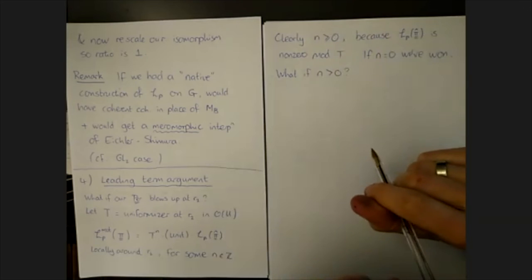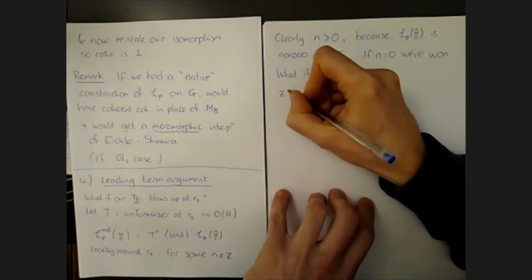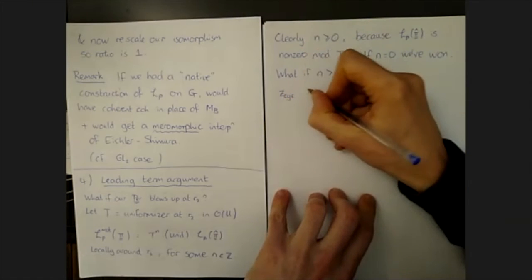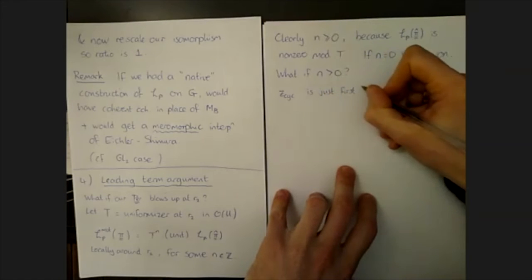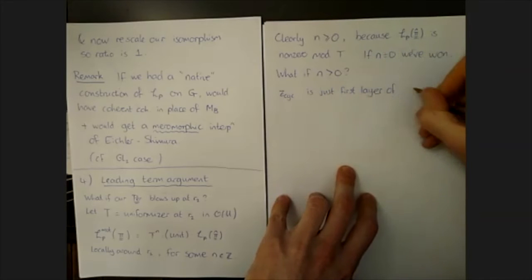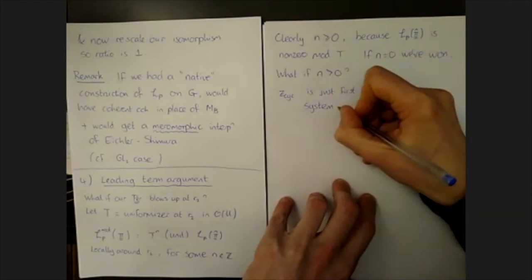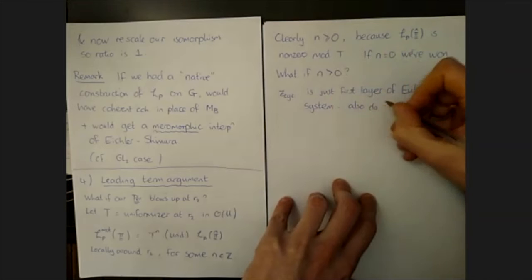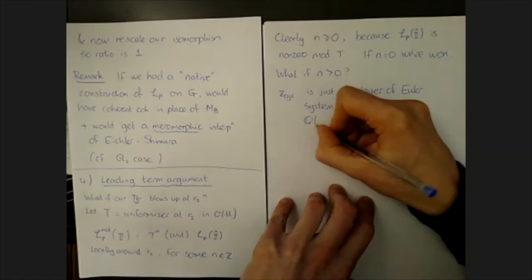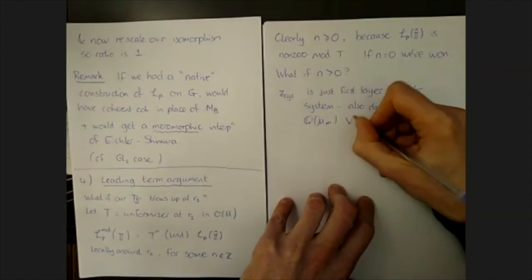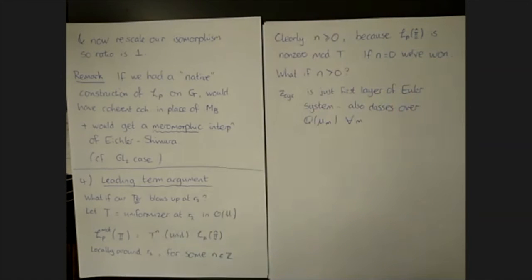And the sneaky thing to remember here is that the class Z cyclotomic is just the first layer of our Euler system. So this is just seeing the classes over the p cyclotomic tower.